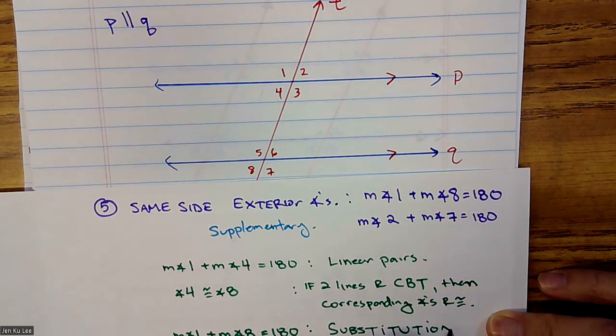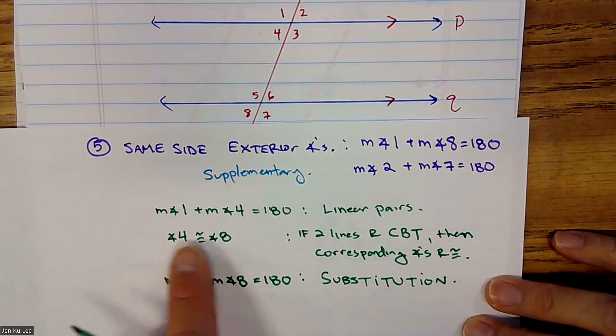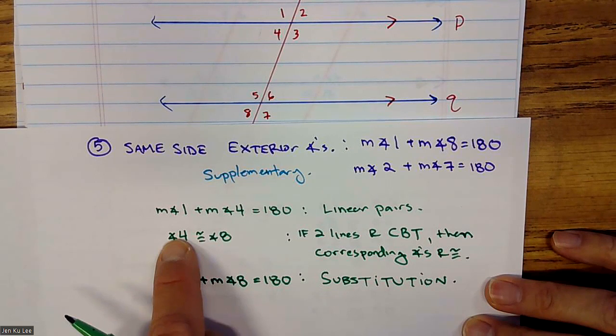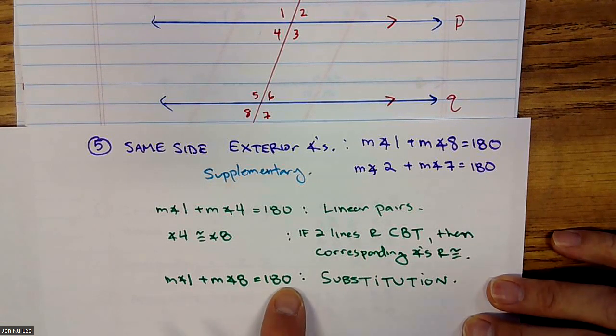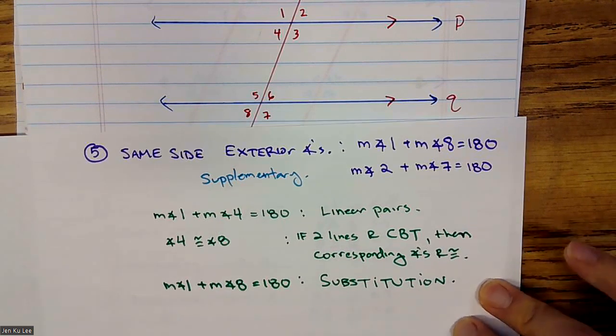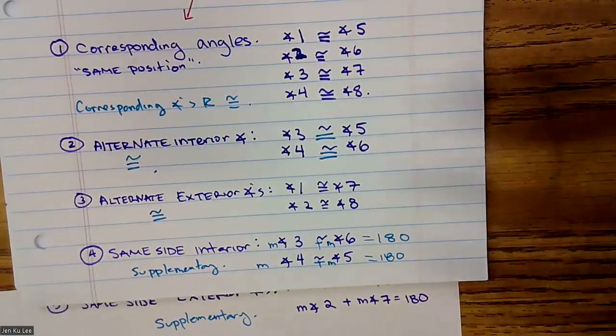Substitution. Okay. I just substituted the angle 8 for angle 4 here. Right? So now I can say angle 1 plus angle 8 equals 180. All right. So those are the 5 different types of angles.